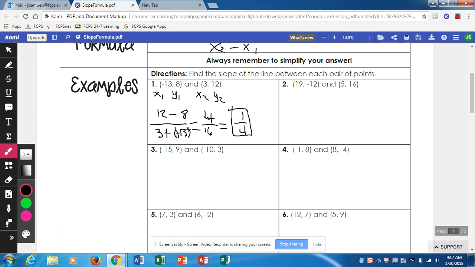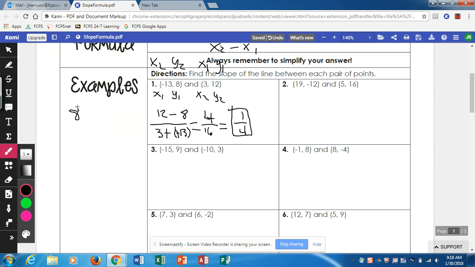So in this next example, we're going to say that 8 is our y2, and negative 13 is our x2, and 3, 12 are the x1, y1. Doesn't matter which ones you pick, just as long as you stay consistent, okay?